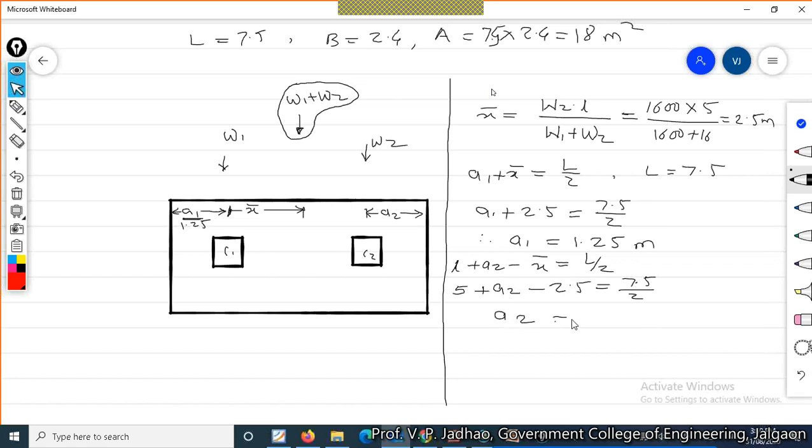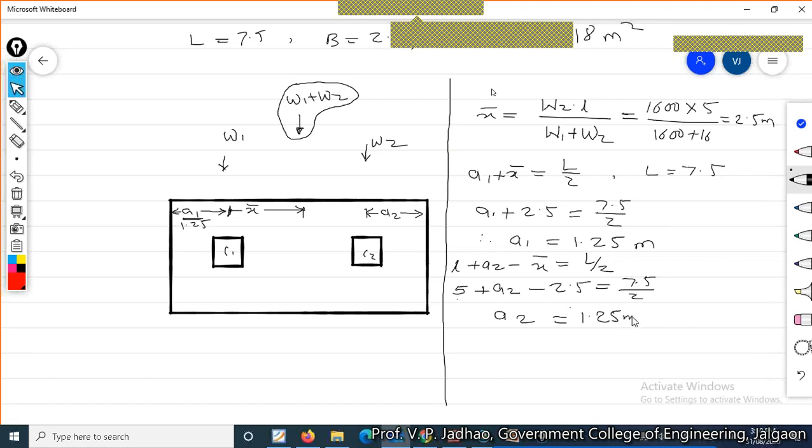Just take this 5 and minus 2.5 to the right hand side, and you will get the value of A2. So how much is A2? You can write in the chat box. It is equal to 1.25 meter again. So A2 is equal to 1.25 meter.